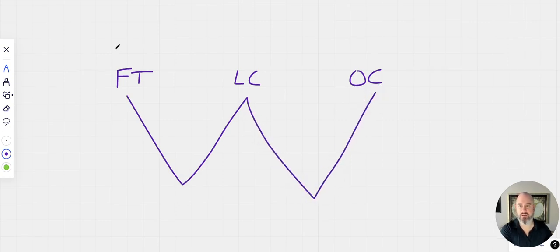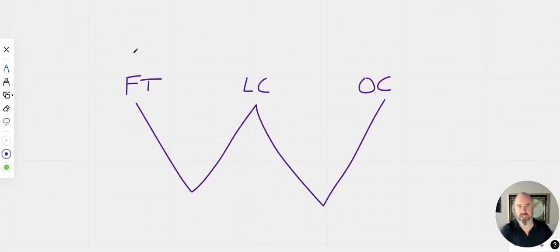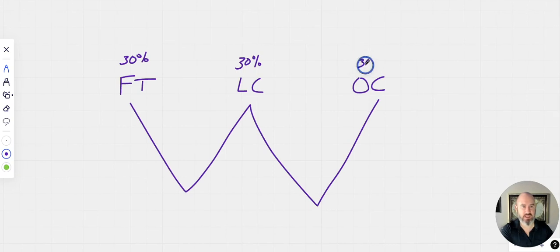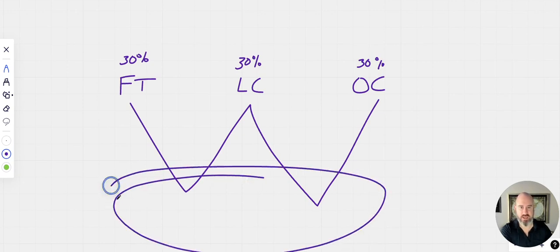Again, for most attribution platforms, the W-shaped model will apply 30% of the opportunity value to the first touch, the engagement record that is the very first touch. The lead creation moment will get 30%. The last touch that happens prior to the creation of the opportunity would get 30%. And then everything else that happens in between divvies up the remaining 10%. That's a very typical out-of-the-box W-shaped model.